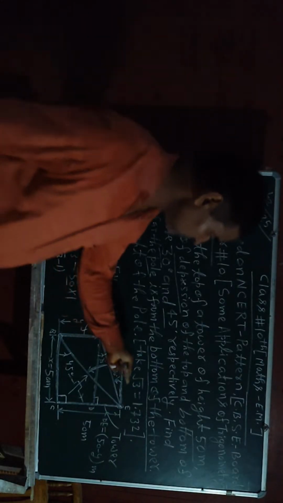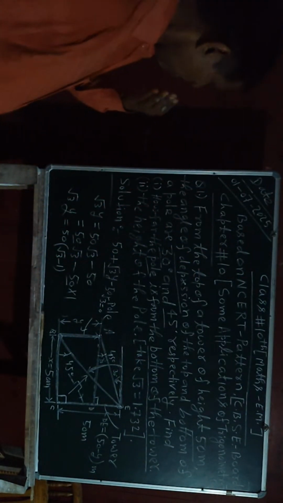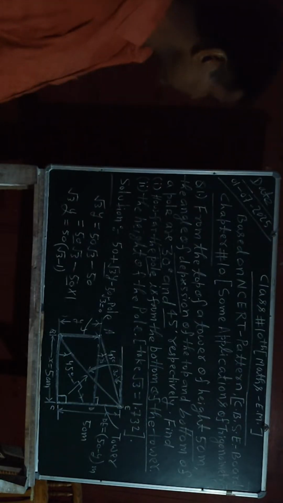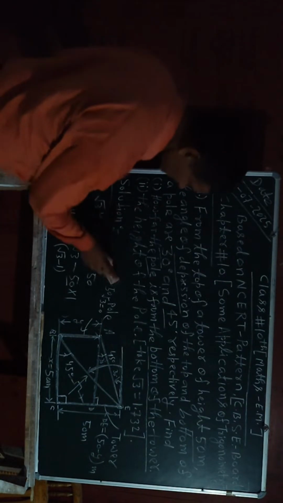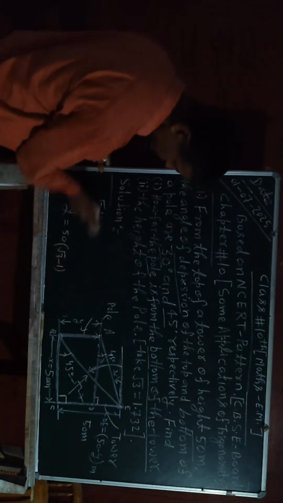Okay. Now further, the value of root 3 is given in the question, so that value you can also utilize. Now further, I am going to simplify its value, and then I will put its value also. So the above data I am going to erase for calculation purpose.